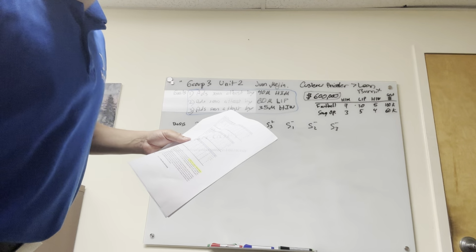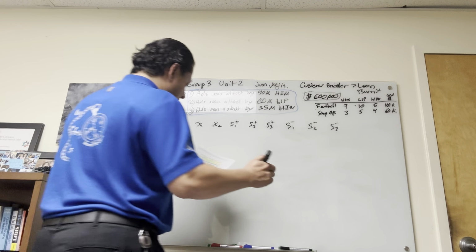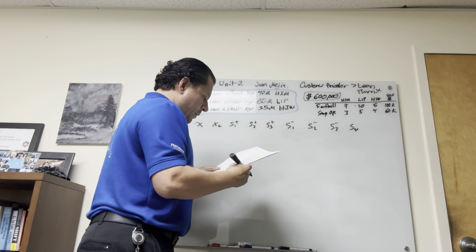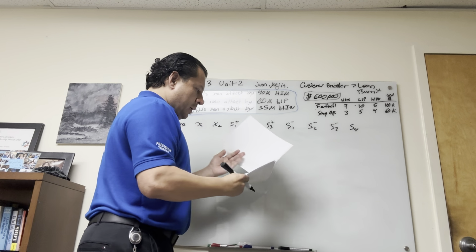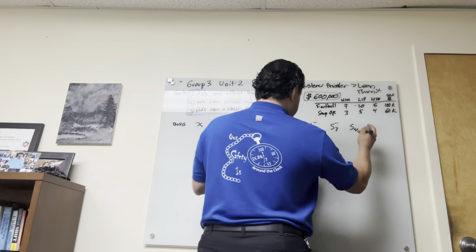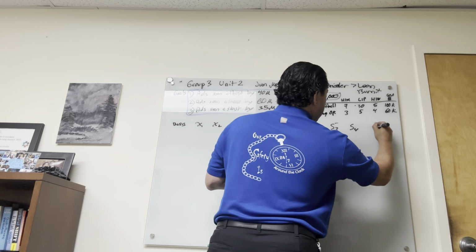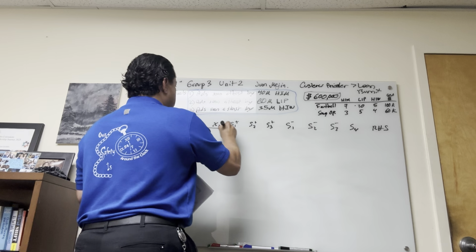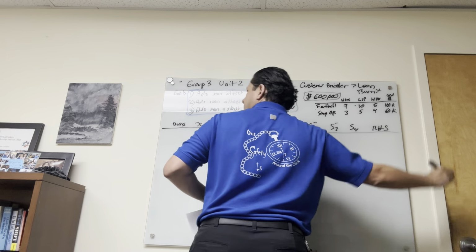And then we have our S4, regular S4, which comes out of the 600, and then we have our right hand side. So this is basically our table.